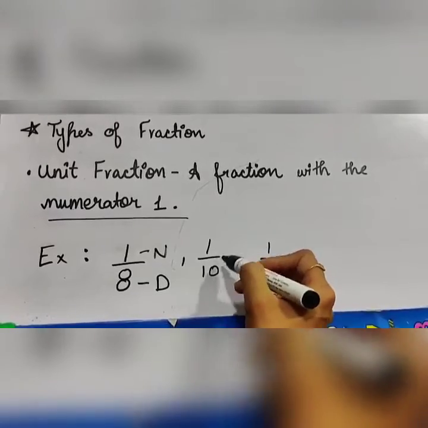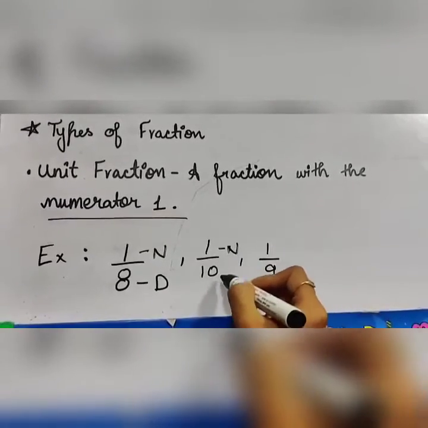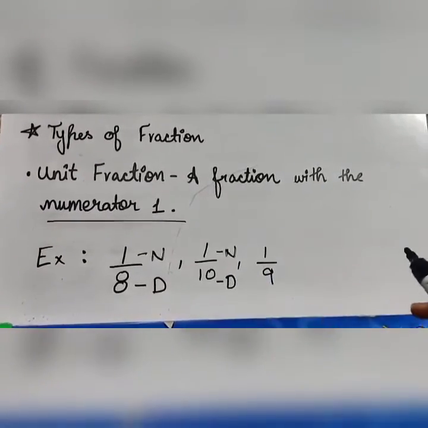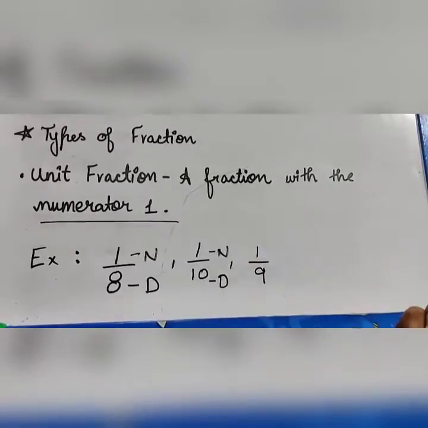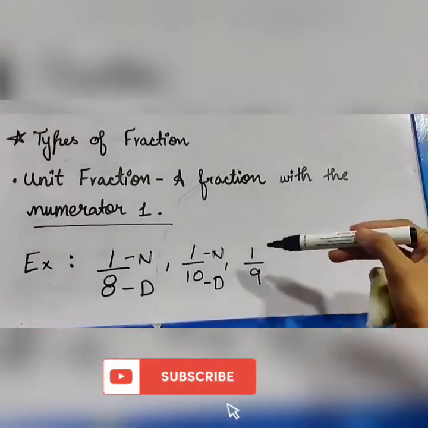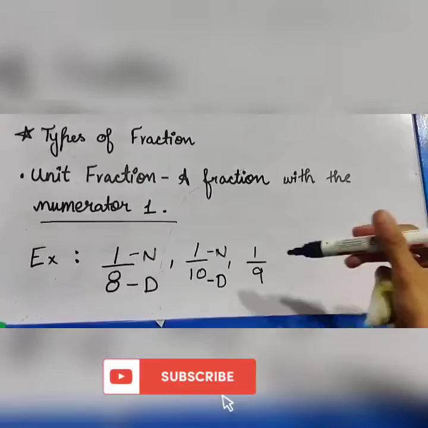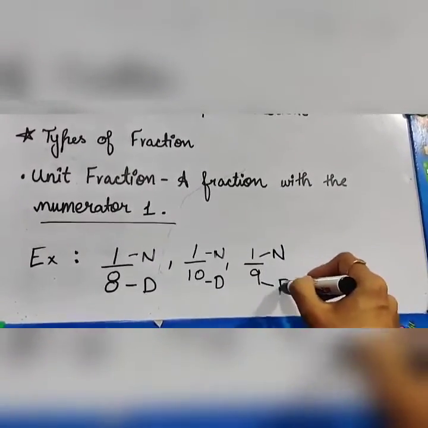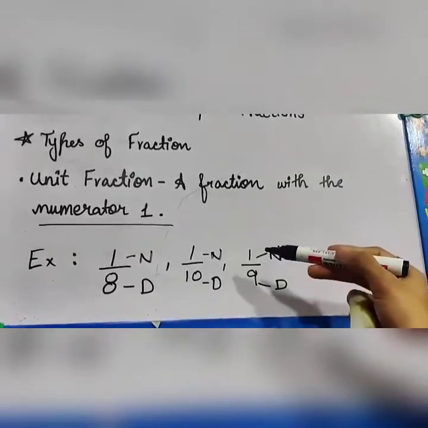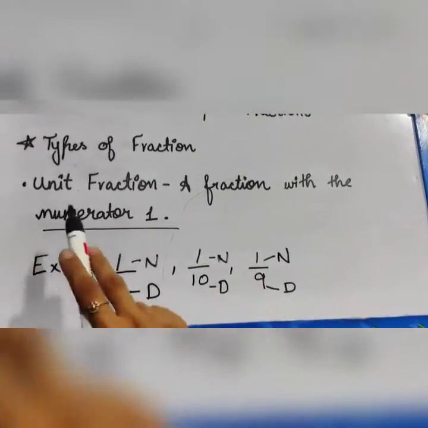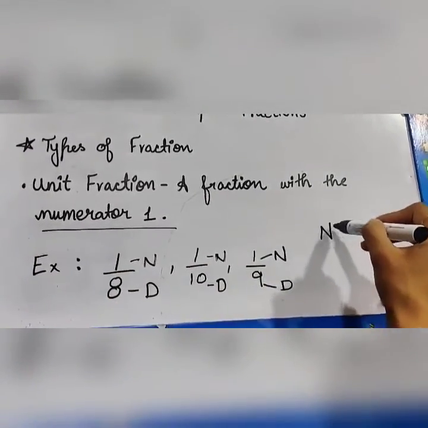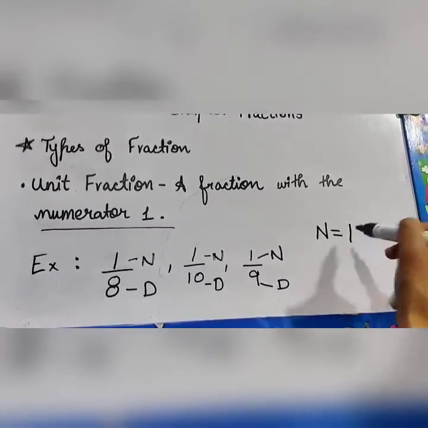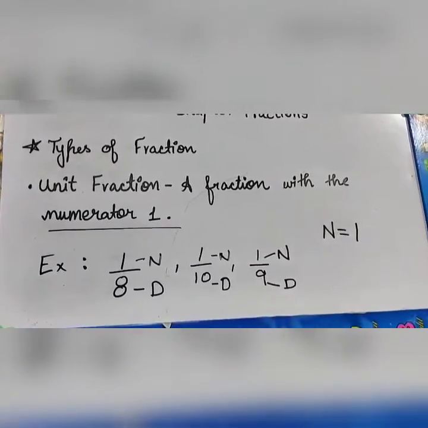Here 1 upon 10, so it is also a unit fraction. Similarly 1 upon 9. So it is a unit fraction. In unit fraction, numerator should be always 1. Denominator can be any number.